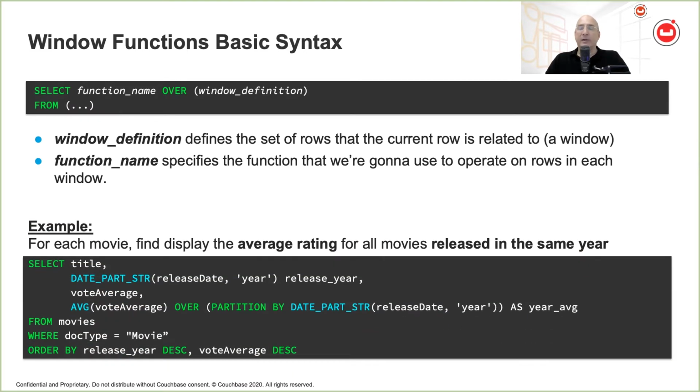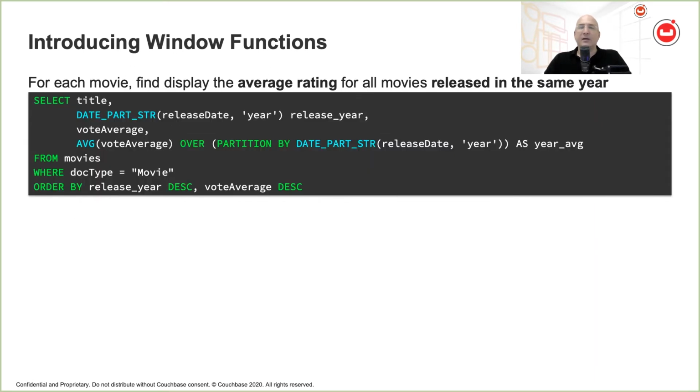The following query is doing the same thing as the previous query we've executed. It displays all the movies, and next to each movie, it displays the average rating of the movies from the same release year. Let's analyze what this query is doing and understand its syntax. There is an aggregation function, avg, average, and then the over clause. In the parentheses, we have a special clause, partition by.